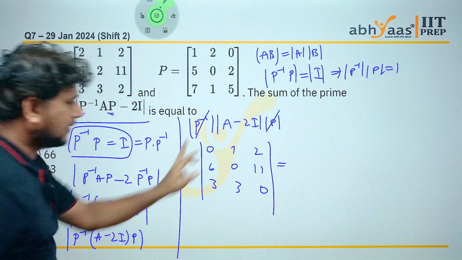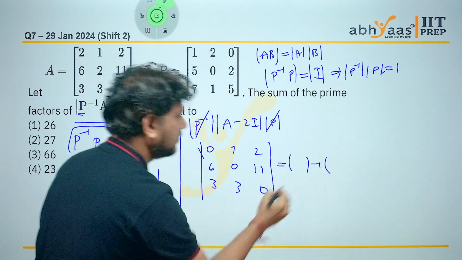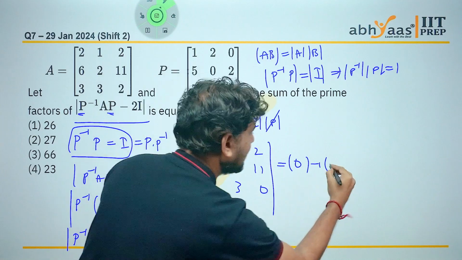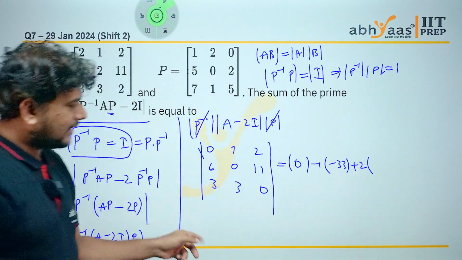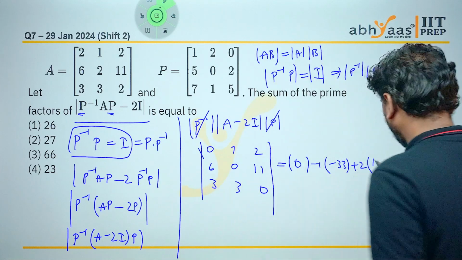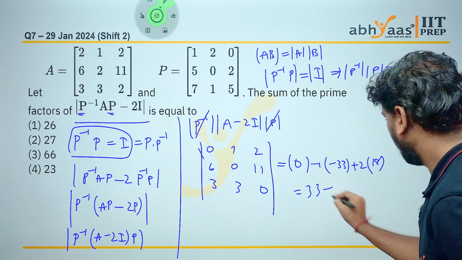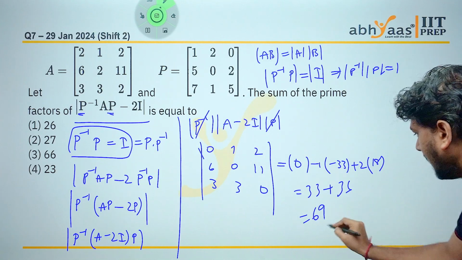That equals 0 into, minus 1 into 0 minus 33, plus 2 into 18 minus 0, so plus 33 plus 36, that equals 69.